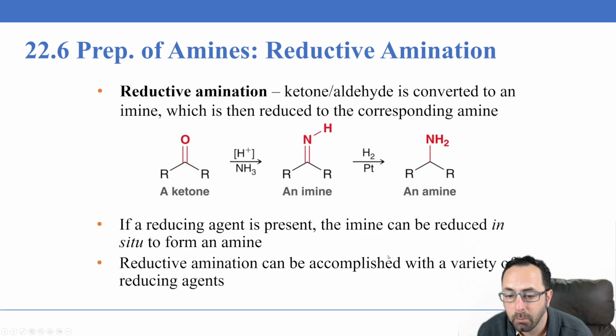Reductive amination can be accomplished with a variety of reducing agents. So, you don't have to just use hydrogen with platinum. We've seen a number of other reducing agents, including lithium aluminum hydride and so forth. Any of these relevant reducing agents that we've seen before could be used here rather than H2 and platinum.